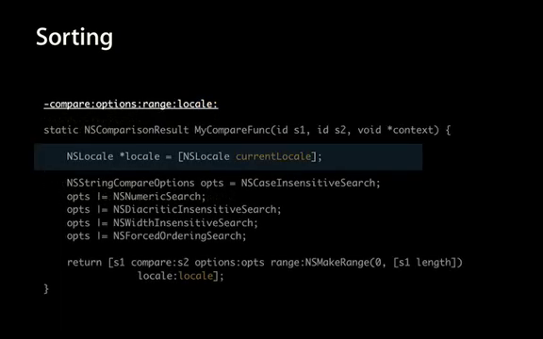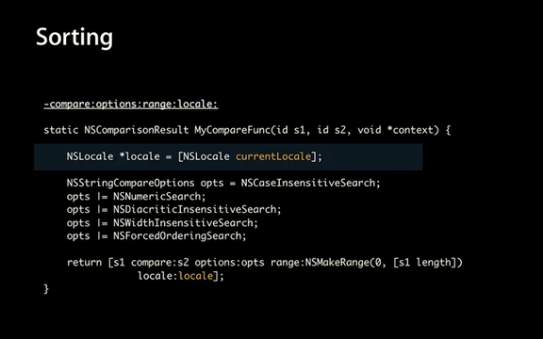Let's take a look. This is a sample of a string compare function. It takes 2 string arguments and returns the result. Pretty simple. The first step you should do is identify the locale you want to use. Without specifying a locale, NSString does generic unlocalized collation.